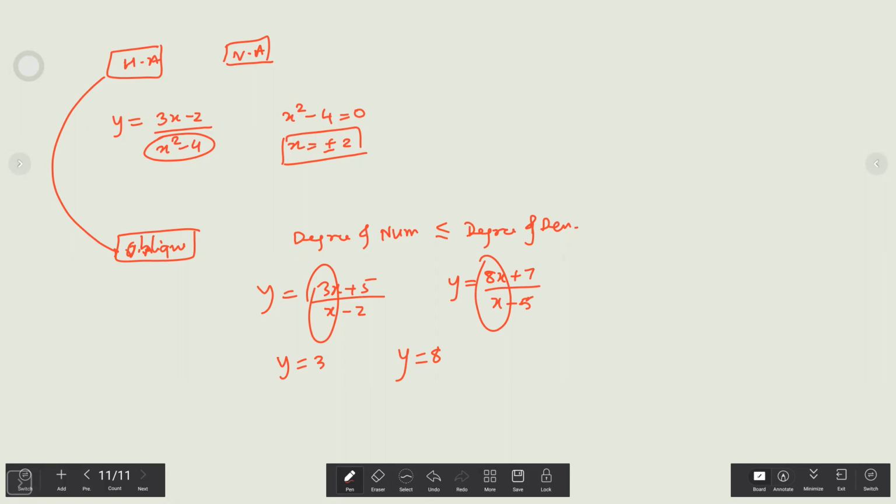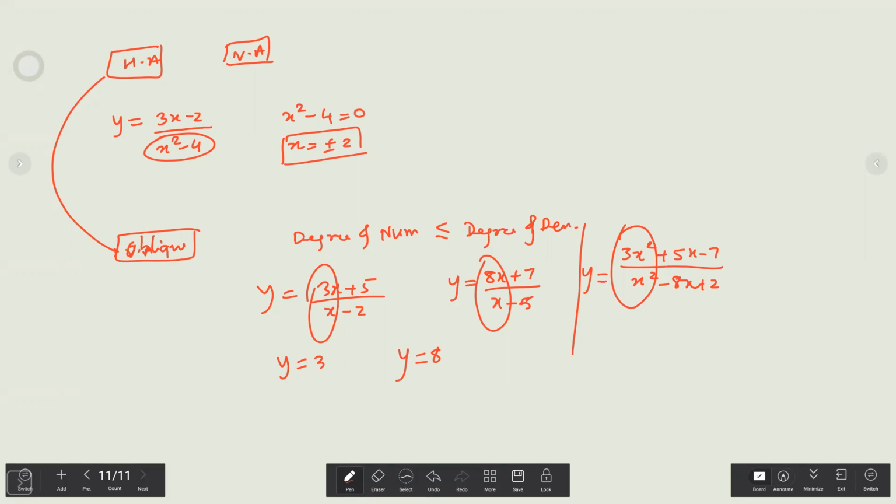Even if we have, let's say, 3x squared plus 5x minus 7 upon x squared minus 8x plus 2, my leading terms are 3x squared and x squared. So your horizontal asymptote is going to be y equals 3 upon 1.